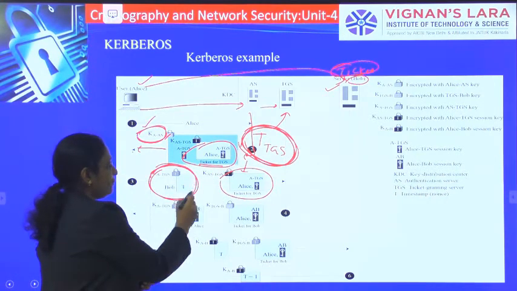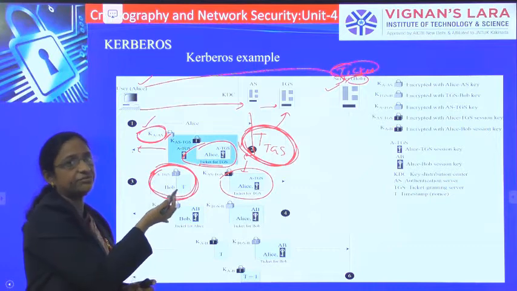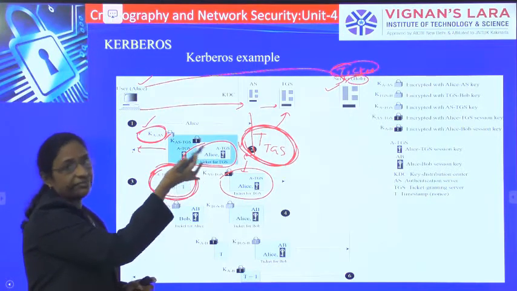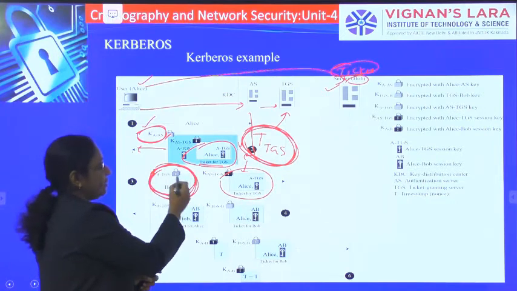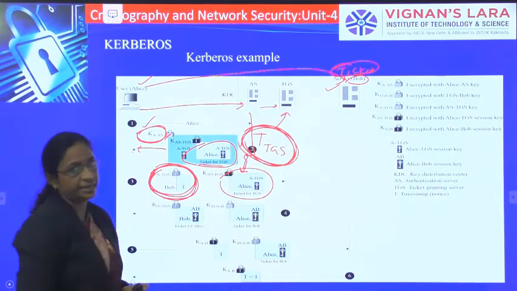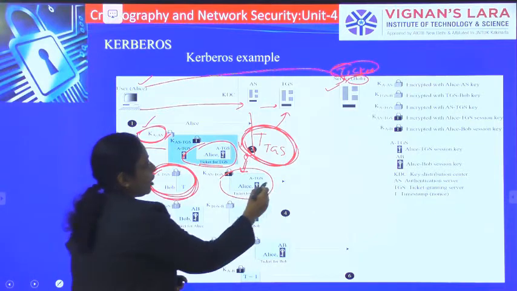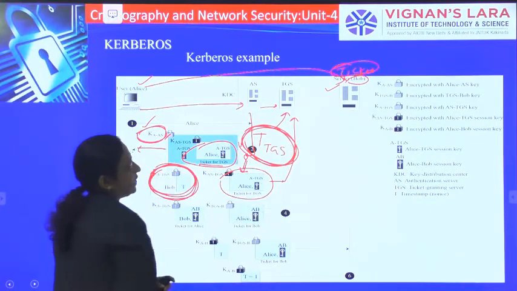The identity of Bob means she is requesting a ticket for that server, Bob. So she sends the identity of Bob along with this ticket to the ticket granting server.